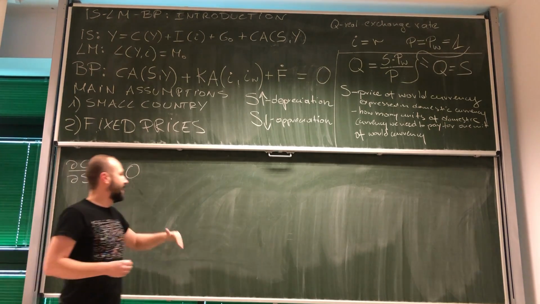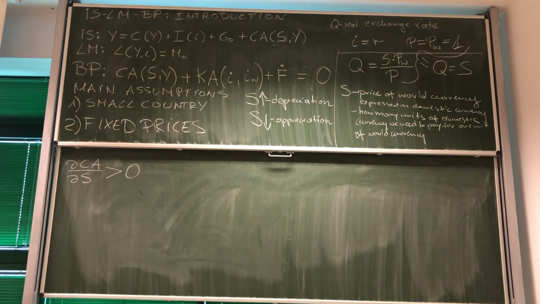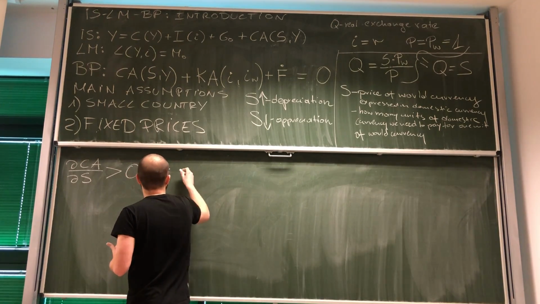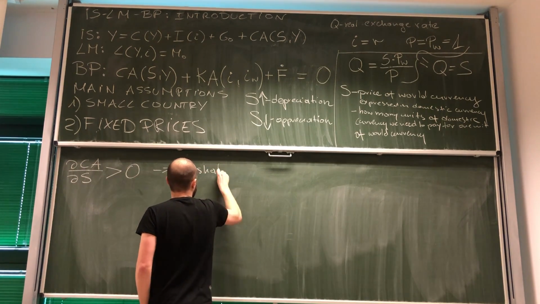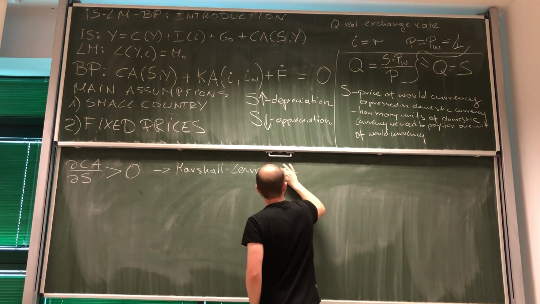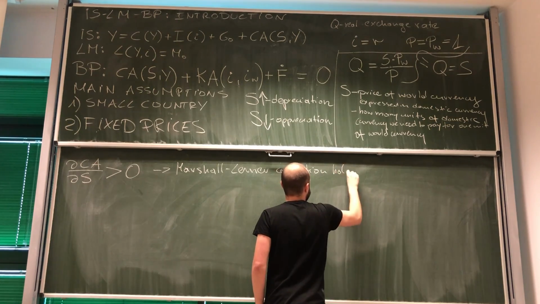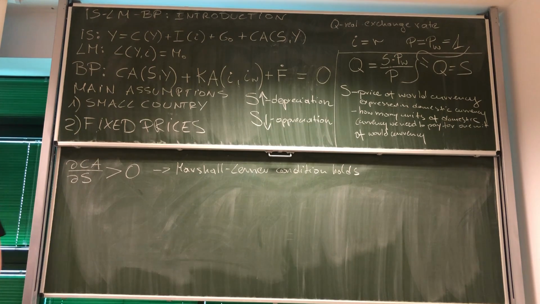Okay, but what was telling us that actually if exchange rate is depreciating, current account should improve? That was Marshall-Lerner condition. So look, we assume that Marshall-Lerner condition holds.